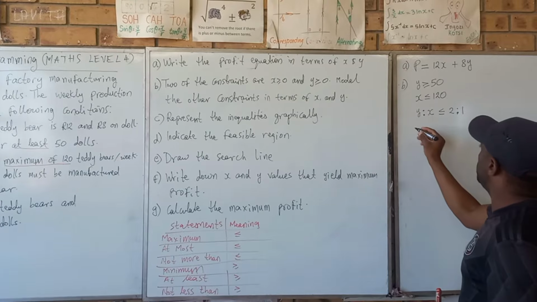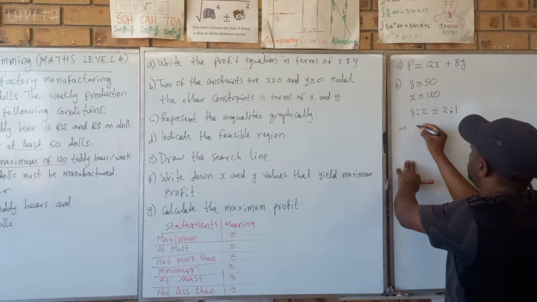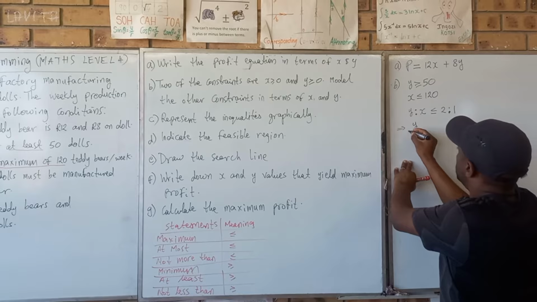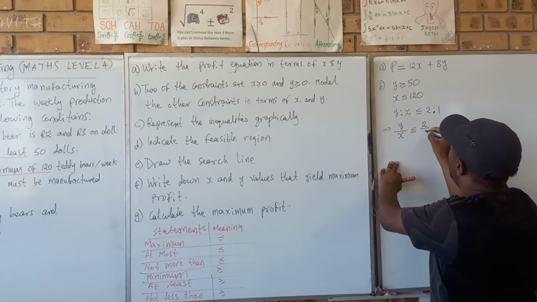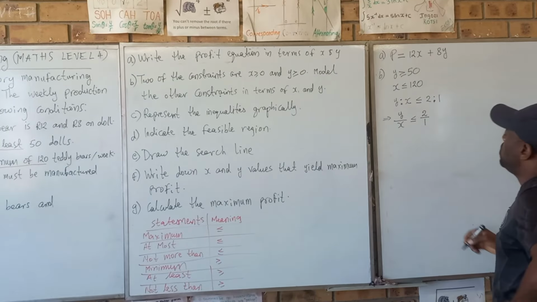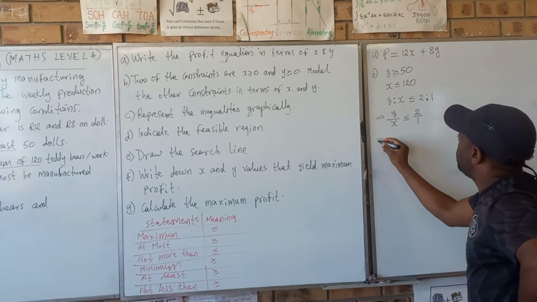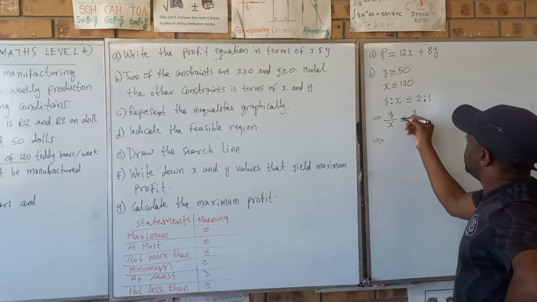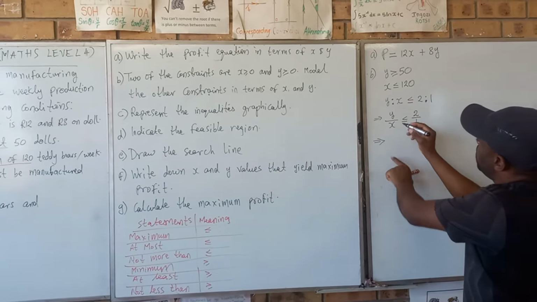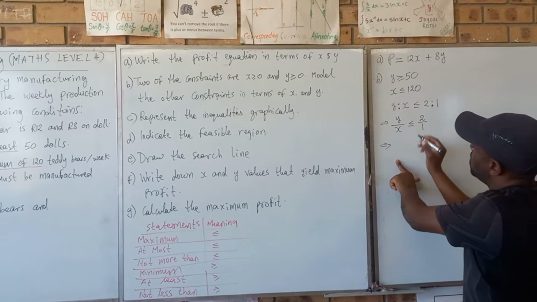So from here, I know that another way of writing ratios is in terms of fractions. So I can say Y over X is less than or equal to 2 over 1. And now, I usually prefer putting Y on the left hand side. So to do that, I will need to multiply each side by X. If I multiply this side by X, the X will cancel itself.